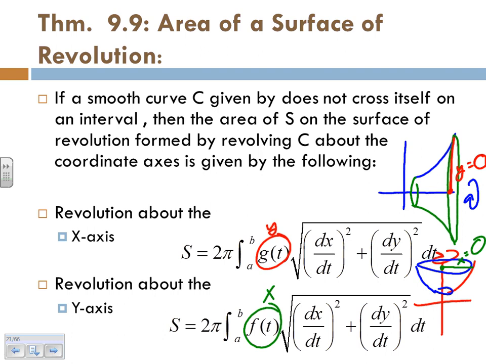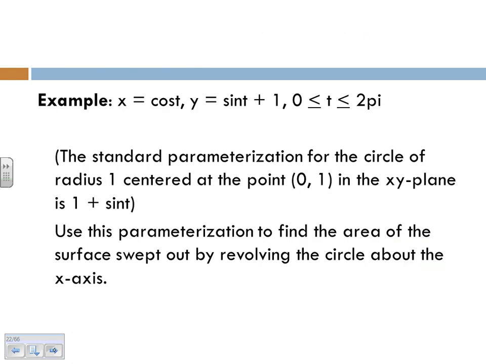Okay. Let's do an example. We have these parametric equations. X is cosine t, y is sine t plus 1, and we're going from 0 to 2 pi. Find the area of the surface swept out by revolving this circle about the x-axis. So I'm taking something and revolving it around the x-axis. What am I using for my radius, x or y?